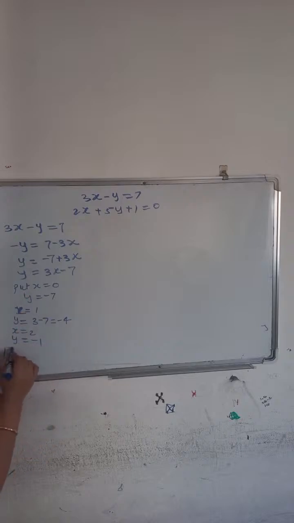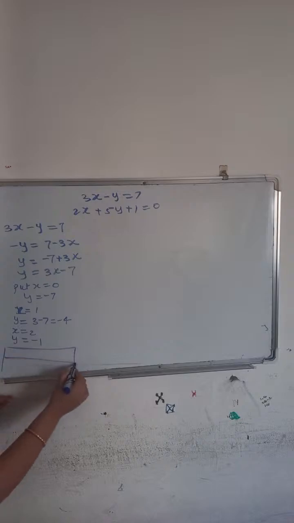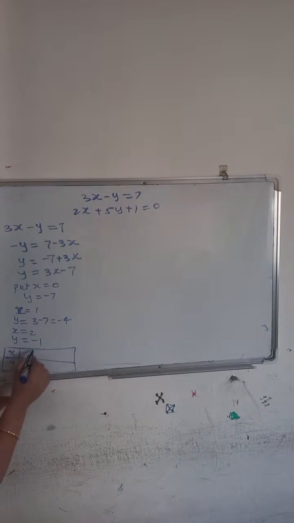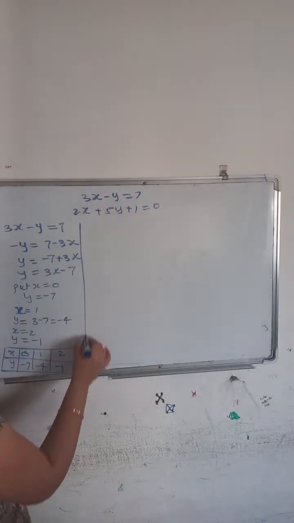So make a table over here. At least 3 coordinates you have to find out. This is x and y. When x is 0, y is minus 7. When x is 1, y is minus 4. When x is 2, it is minus 1. Getting this? So these are the coordinates for equation number 1.